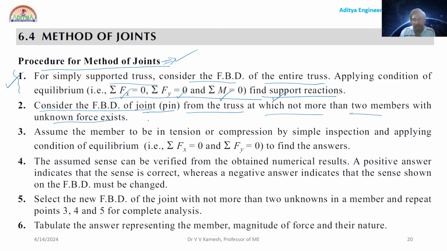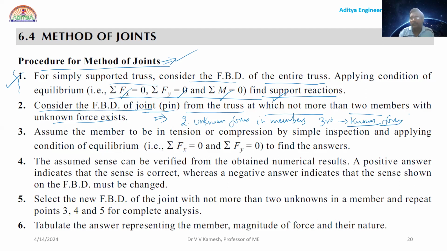That means only two unknown forces in members. We need to start at a joint where we have only two unknown forces. Obviously, the third one will be a known force.